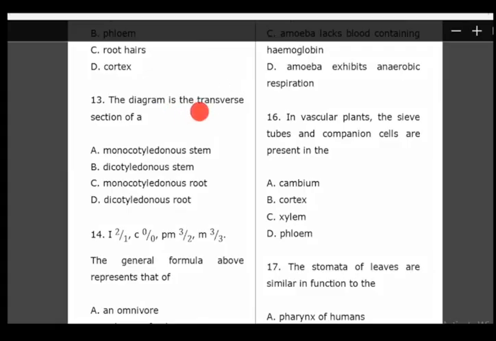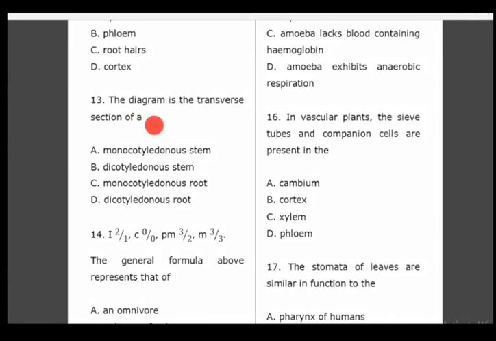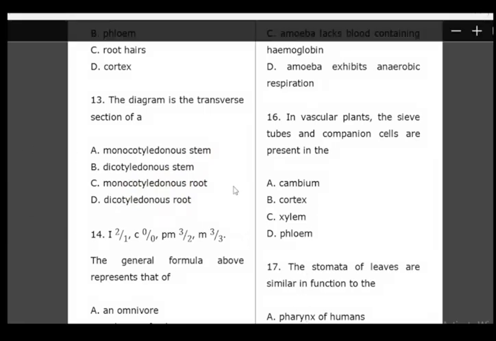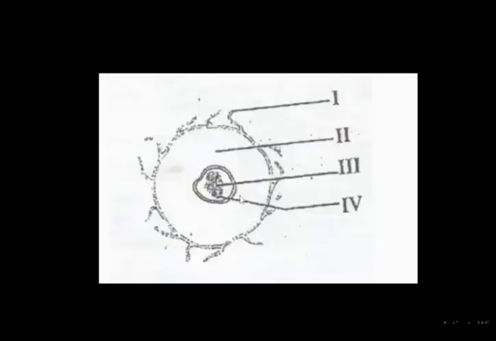The diagram is the transverse section of a monocotyledonous stem, dicotyledonous stem, monocotyledonous root, and dicotyledonous root. Now when we look at that diagram again, we will discover that the diagram is that of a plant. Now what kind of plant is this?